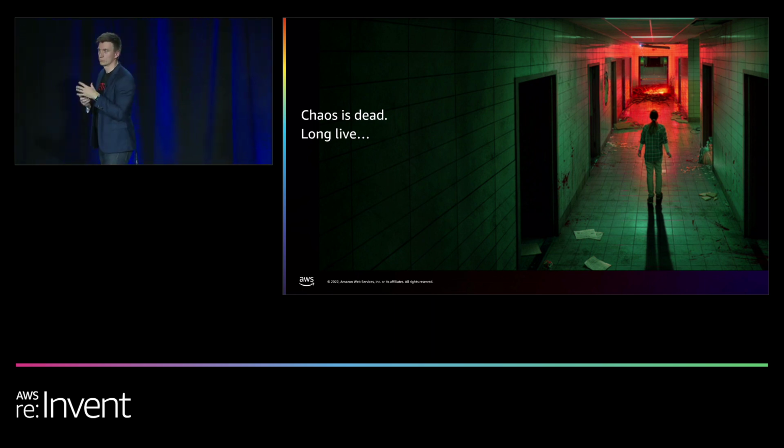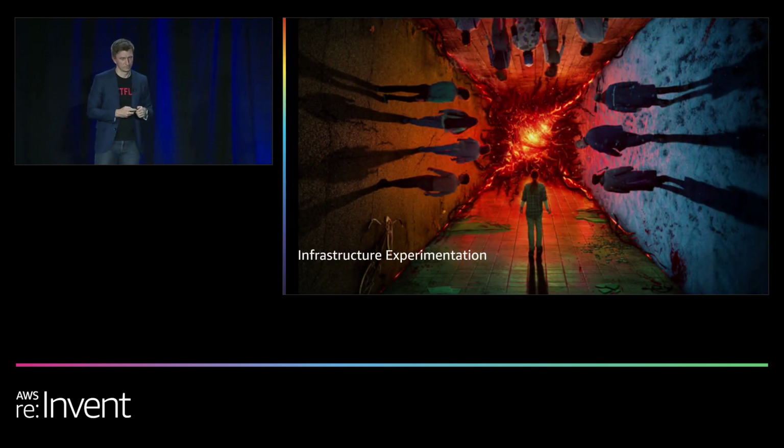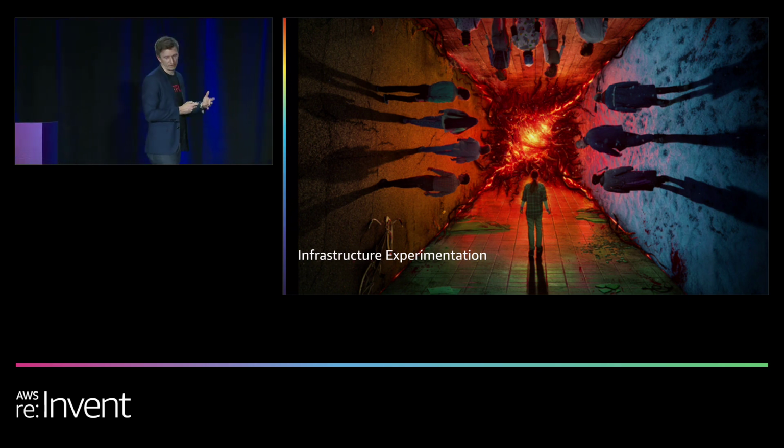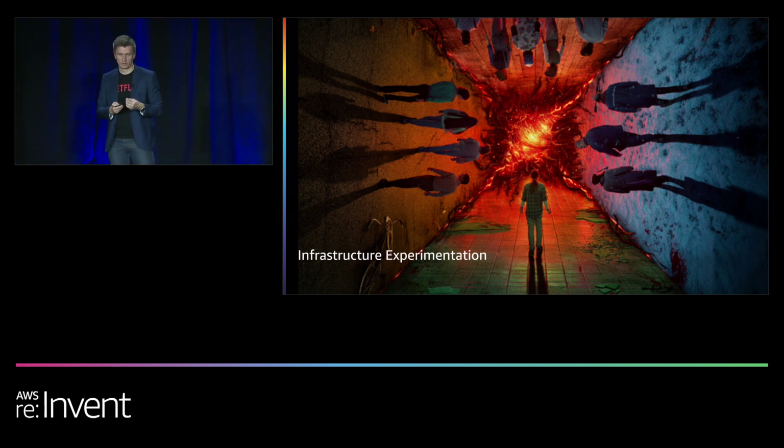And chaos has become just one of many tools that we are using in our toolbox. And so from chaos experiments, we have moved on to infrastructure experimentation. This is the term that we use when we are running these experiments. And over the years, we have identified many use cases where infrastructure experimentation can be applied. Let me walk you through some of them.